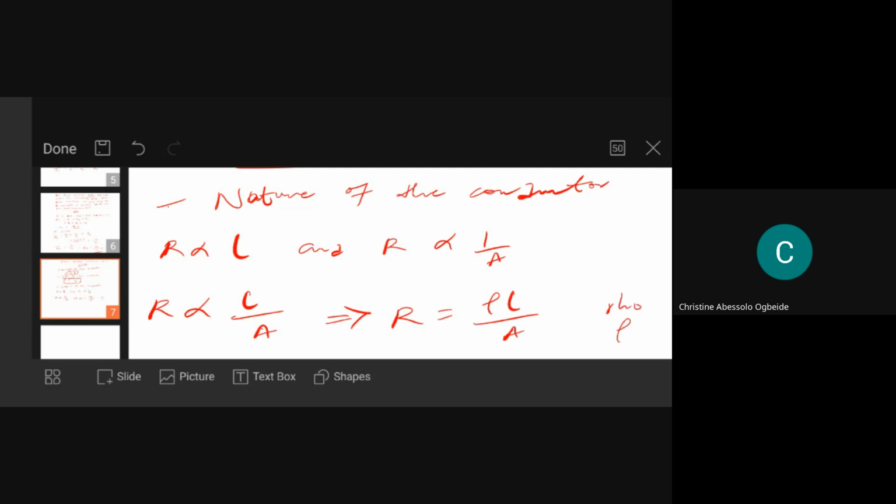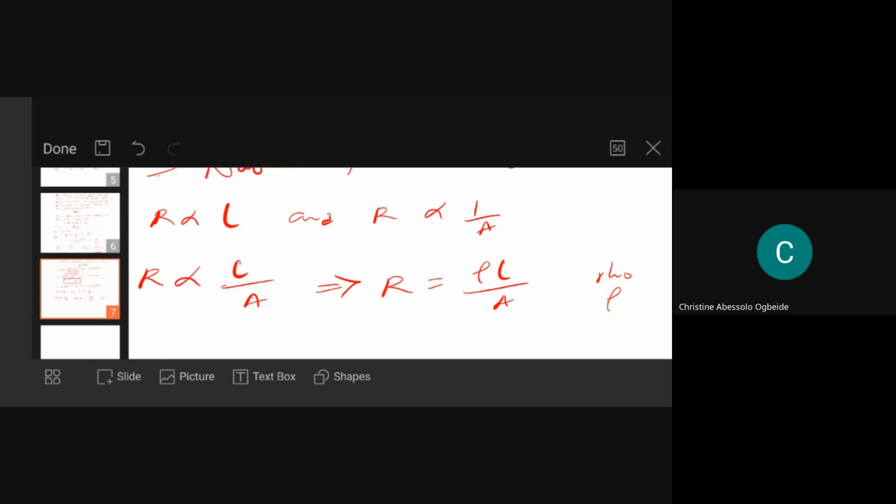It is written like this. So it is not P. It looks like P, but it's not P, just bent like that. It's a Greek letter that is used in this case to depict what we call resistivity. So the rho there talks about resistivity, and is simply a constant of proportionality in this case. So take note of this equation.